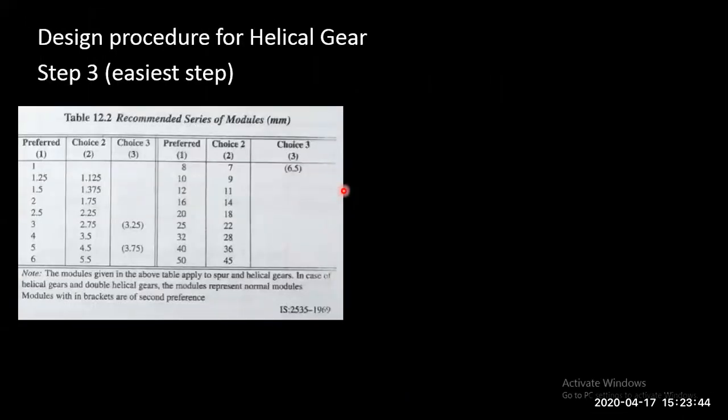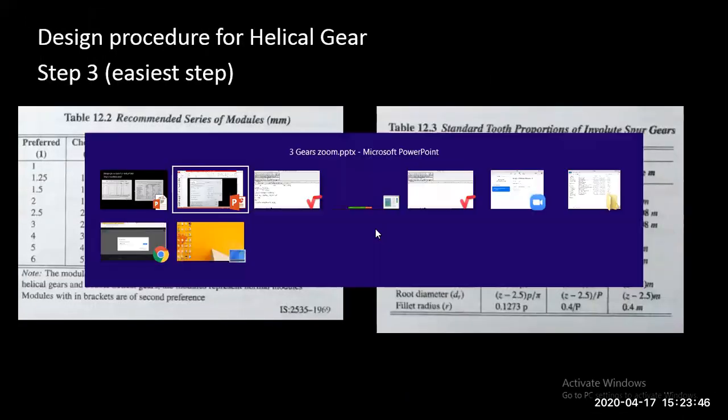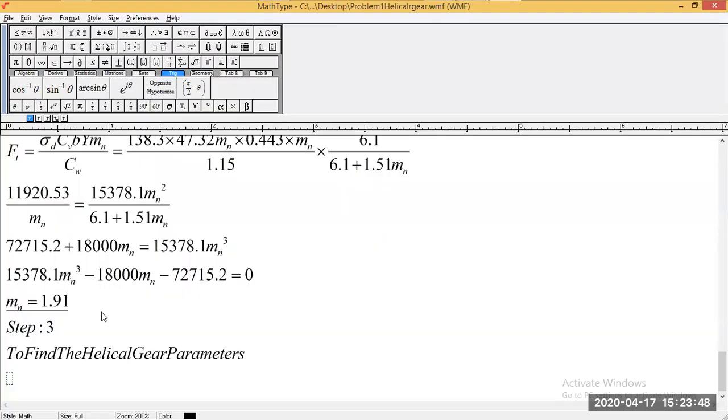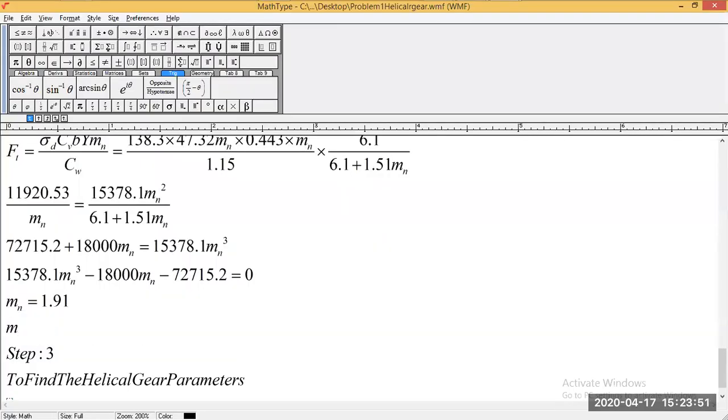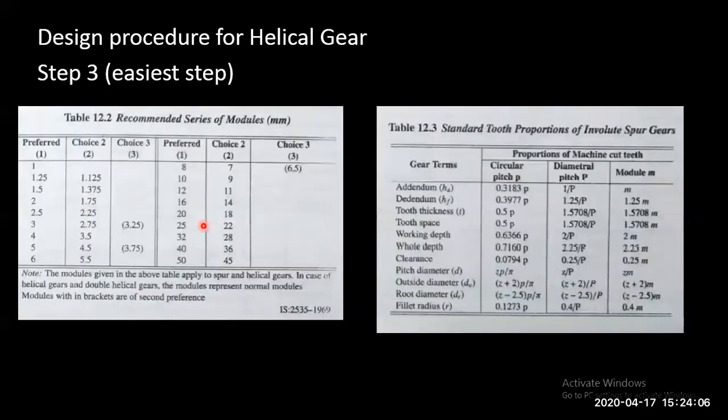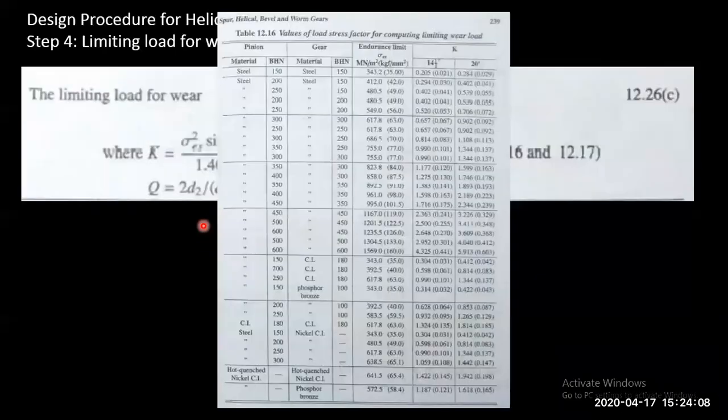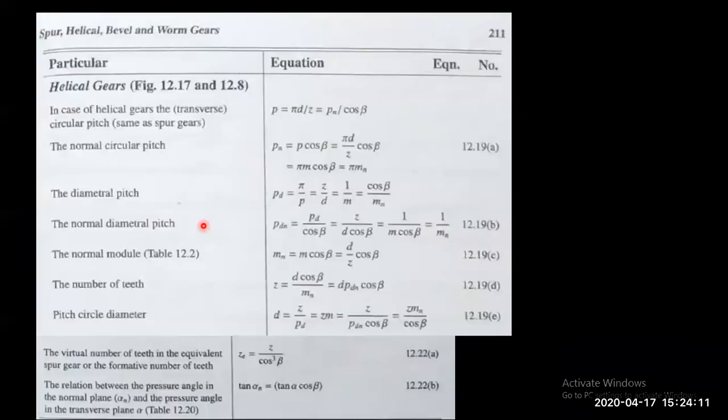This was the second step, and this is the third step, right? So we'll use this. So mn equal to m cos beta. This is given in equation 12.19c.